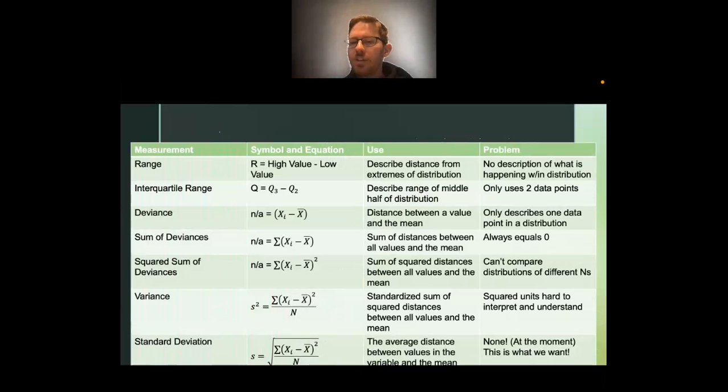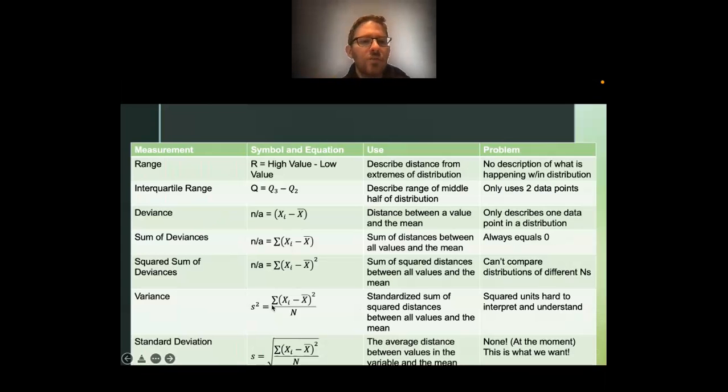Okay, so the last slide is simply a list of all of the different measurements we use for deviation and dispersion, and you can go through and make sure you understand each of the different types of deviation, types of variance.